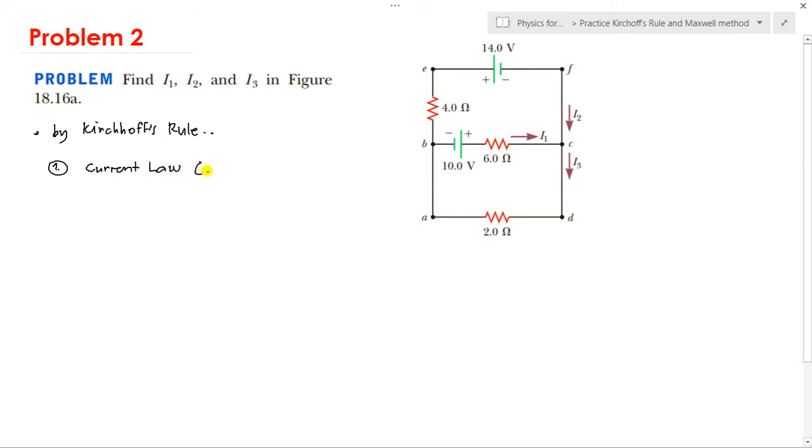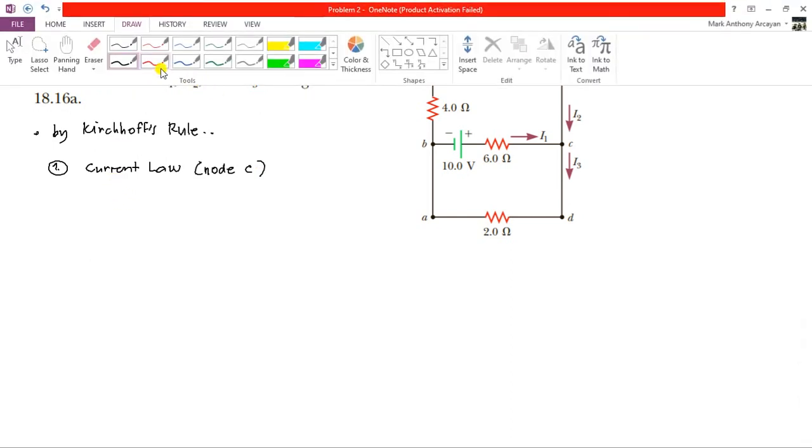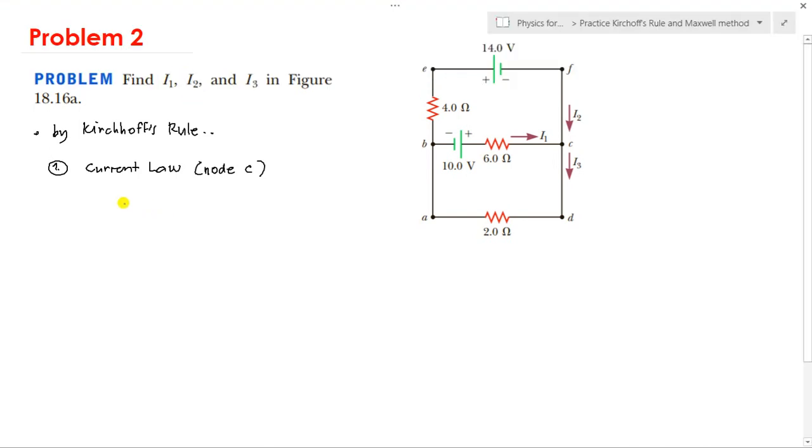Here, we're going to choose node C. Obviously, based on the figure, the currents are indicated at node C: I1 and I2 enter, and I3 leaves. So at node C, I1 plus I2 is equal to the outgoing current, that is I3. So this would be our equation 1.